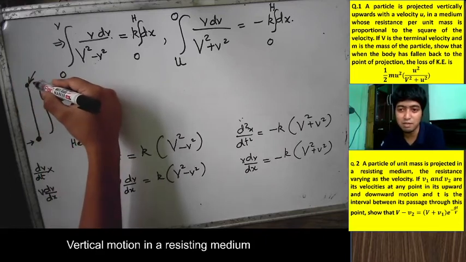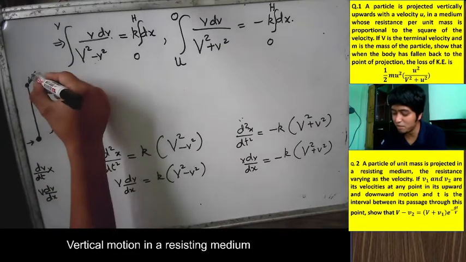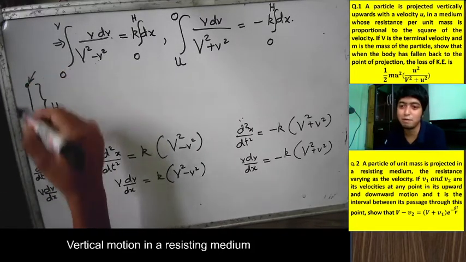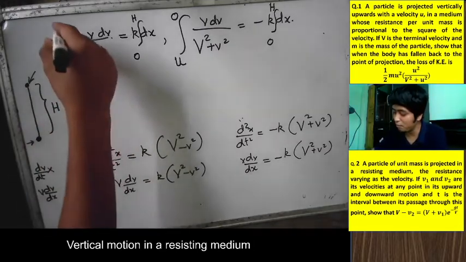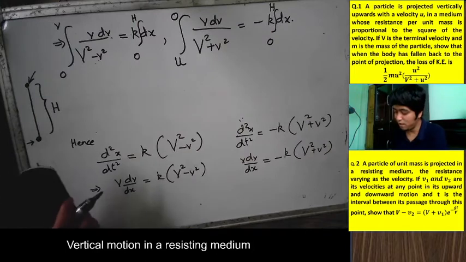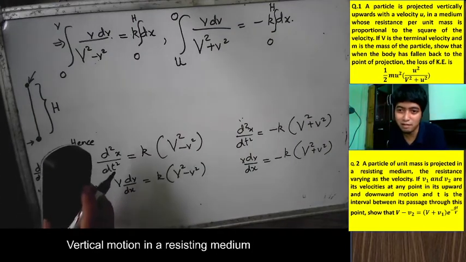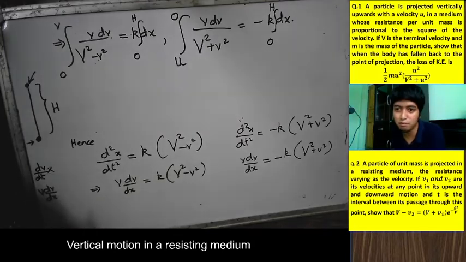So that is why for both the cases it will be 0 to h. We can measure the distance from the other point, but the equation of motion will change, which we don't want.